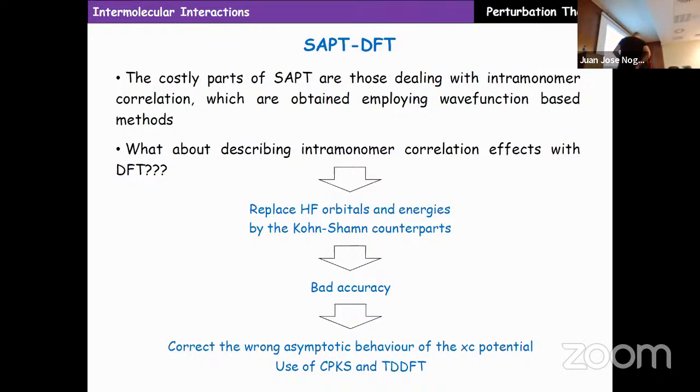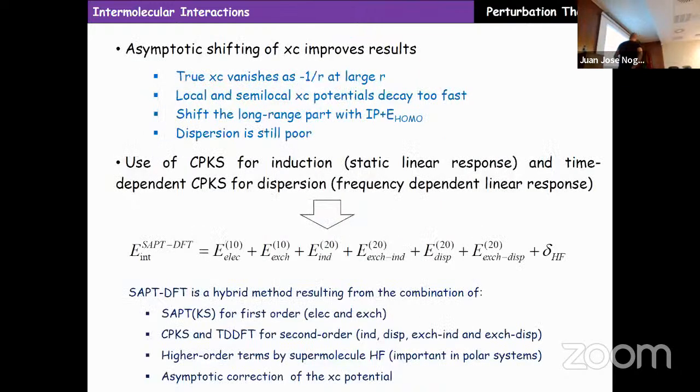And with the time-dependent coupled perturbed Kohn-Sham, what we obtain is the frequency-dependent response function, and from the frequency-dependent response function, we can obtain an exact expression for dispersion. So dispersion is obtained from time-dependent coupled perturbed Kohn-Sham, time-dependent DFT, and induction is obtained from coupled perturbed Kohn-Sham.